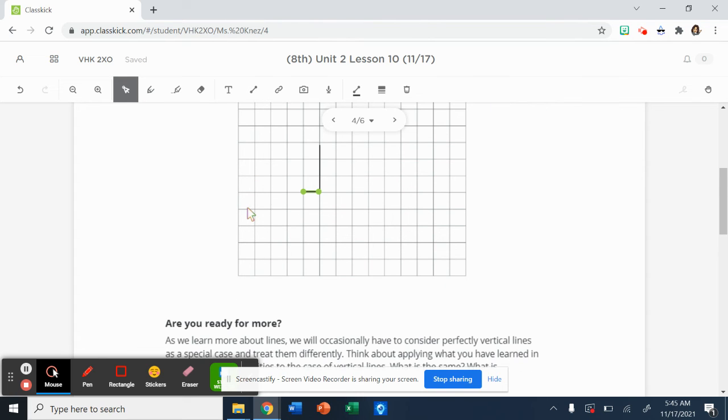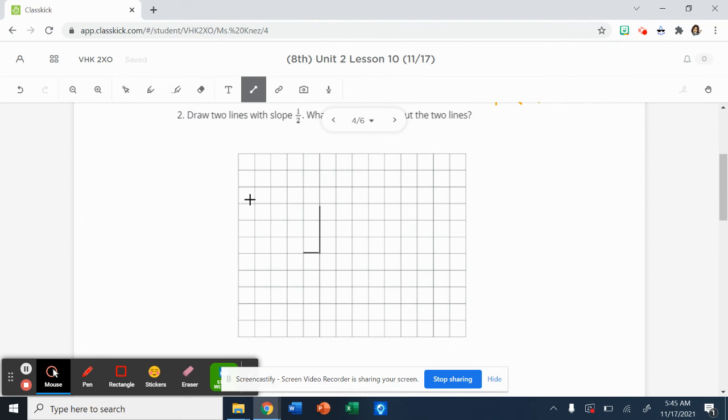And so then if I use my line tool here and I draw a long line where that triangle uses my line segment as the hypotenuse, I've got a line with a slope of 3. Right? That's this black line right here.